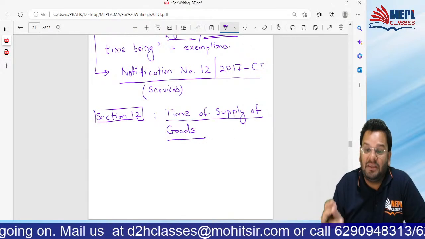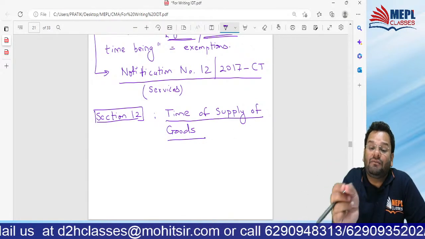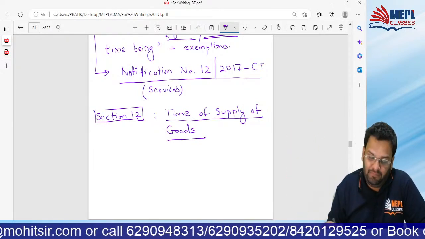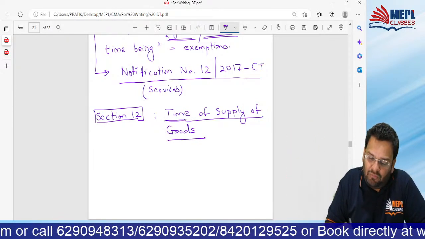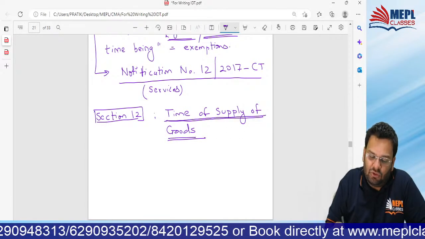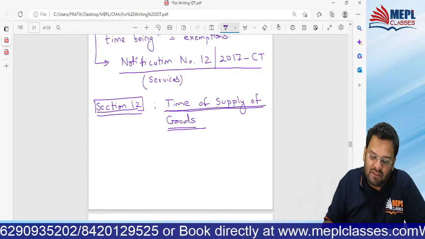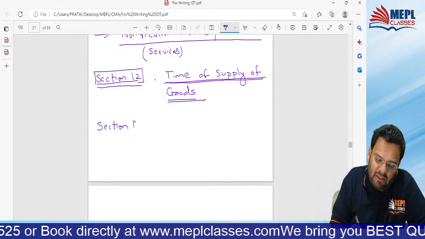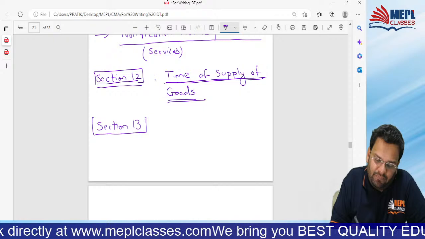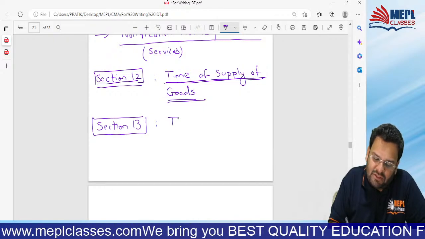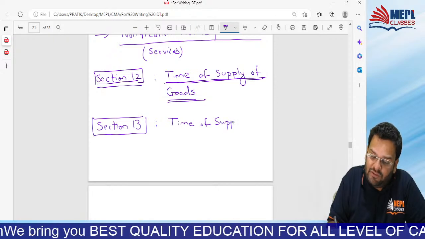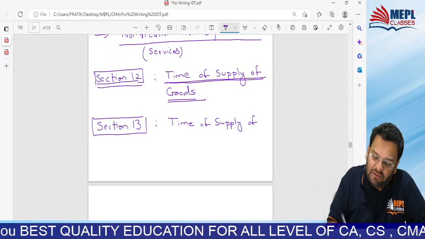Time of supply means on the happening of what event we can say that supply is complete. That is the meaning of time of supply. So time of supply of goods is discussed in section 12. Section 13 discusses time of supply of services.